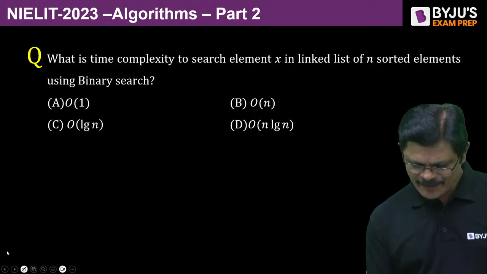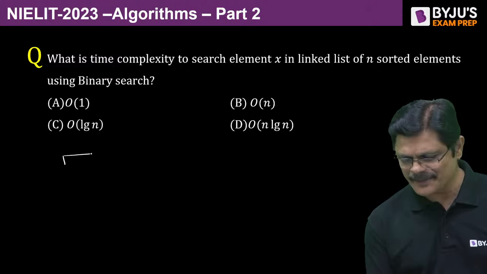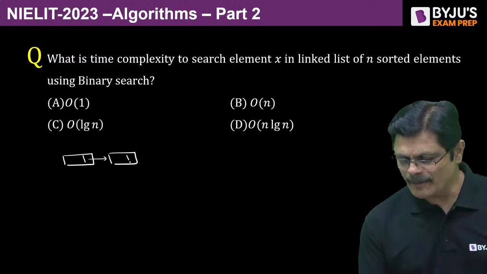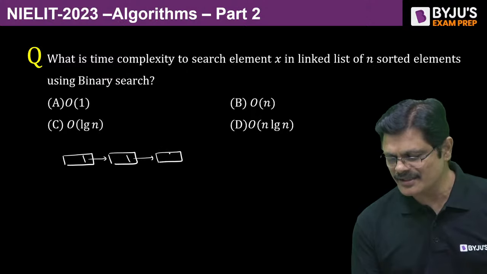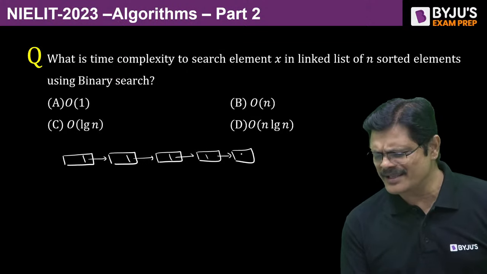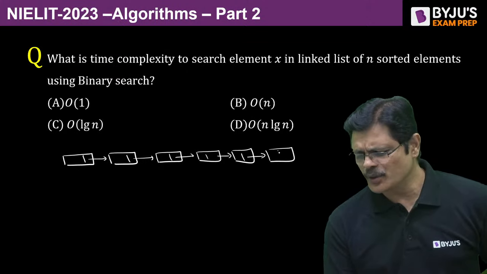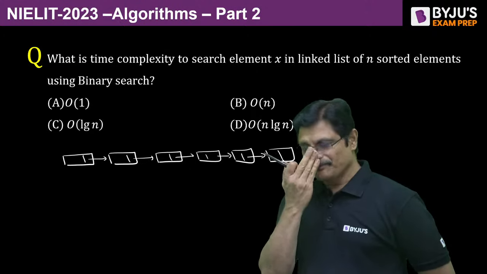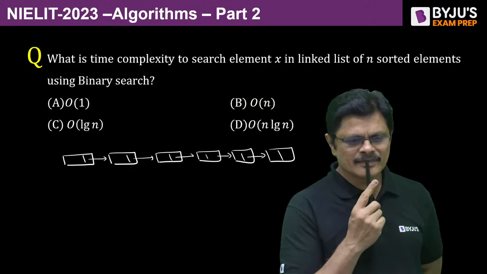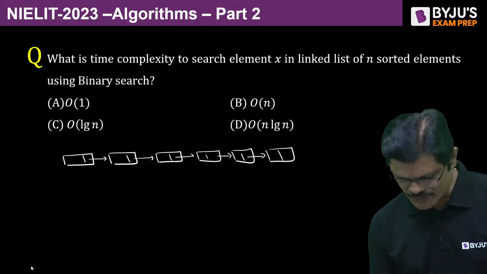See here, when you are having a linked list, we are applying binary search for a linked list, but binary search is not a good algorithm for a linked list, my dear friends. But that's what I'm saying.